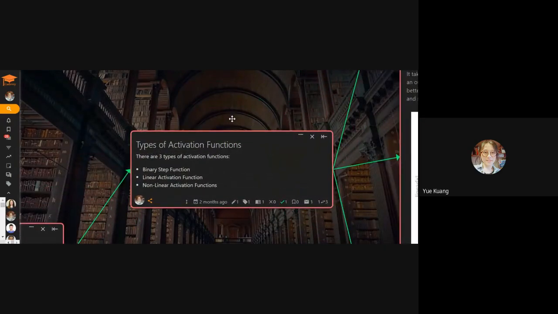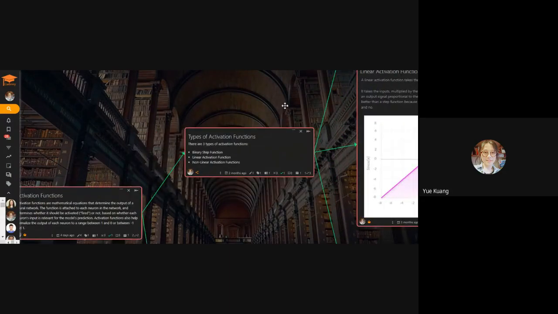So generally, there are three types of functions. The first is the binary step function, then the linear activation function, and nonlinear activation functions. So let's start with the binary step function.